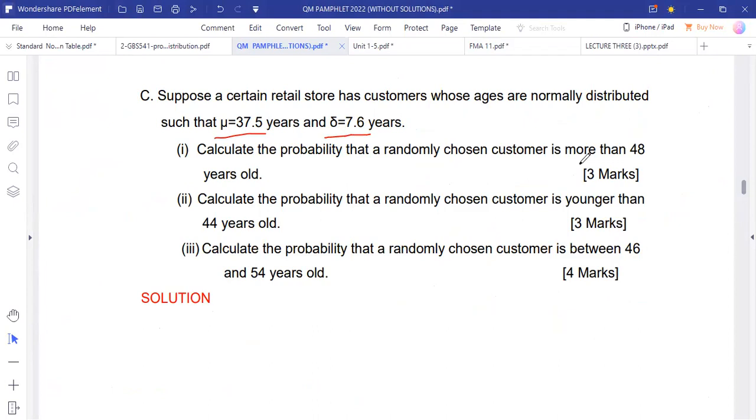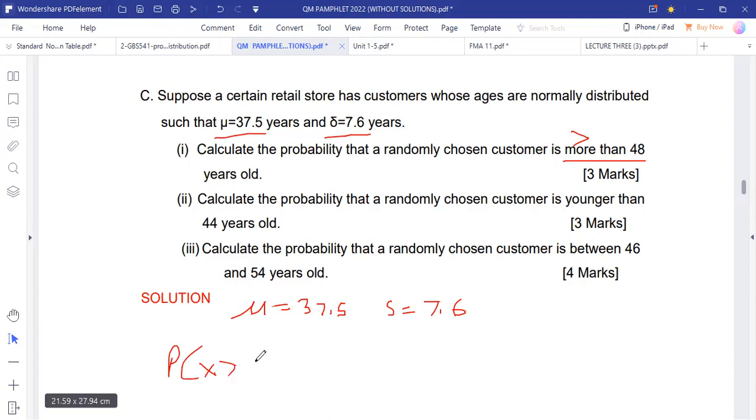What is the probability that a randomly selected customer is more than 48 years old? So what do we do here? What are we given? Our mean is what? 37.5. Our standard deviation is what? 7.6. Then the question is asking us to find more than 48. More than is the same as greater than, right? Yes. They're asking us to find x greater than what? 48.